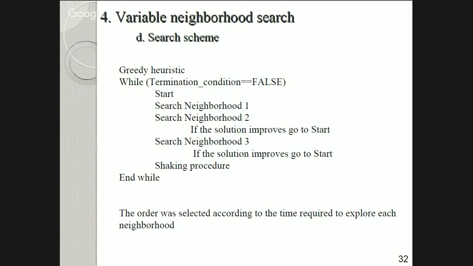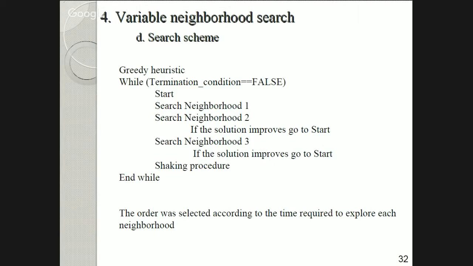If the solution improves, instead of going to neighborhood 3, we go to neighborhood 1 with our new solution, and so on. And if we get to neighborhood 3 and the solution improves, we go back to neighborhood 1. This is simply because neighborhood 1 is much cheaper computationally, and neighborhood 3 is the most expensive, so this is why we did it.